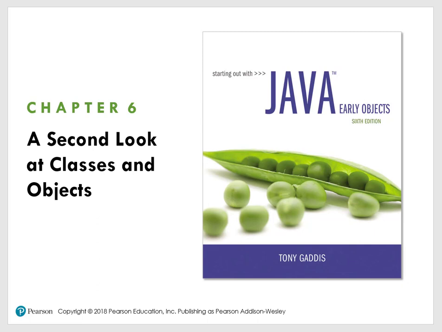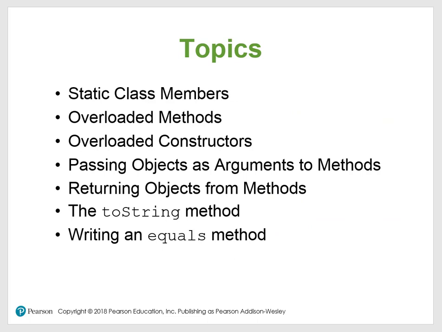We're going to talk about what are called static class members, which are different from the traditional class members we looked at. We're going to look at the overloading of methods. It's very similar; if you remember, in 1436 we talked about signatures. We're going to talk about overloading constructors, again dealing with the parameters and signatures.